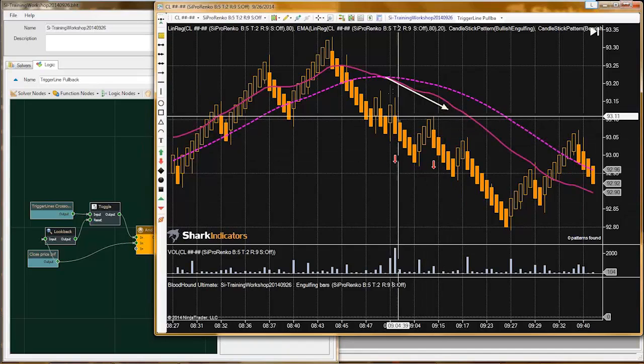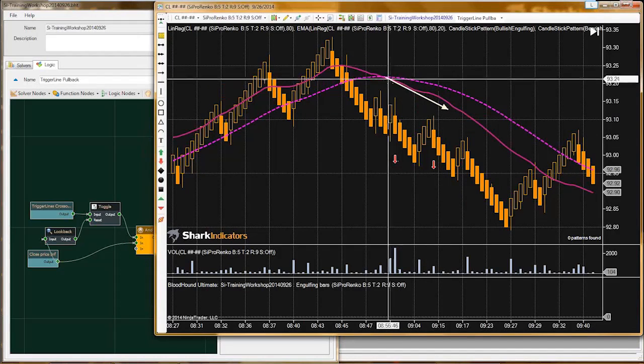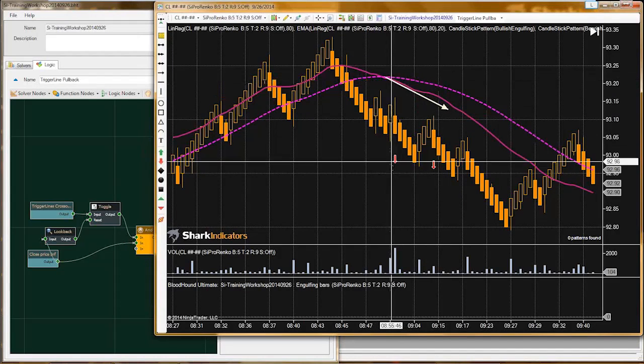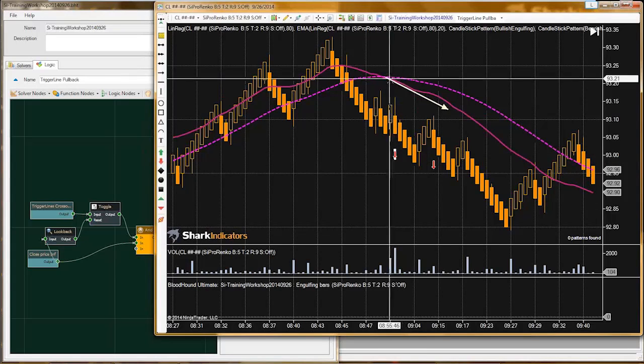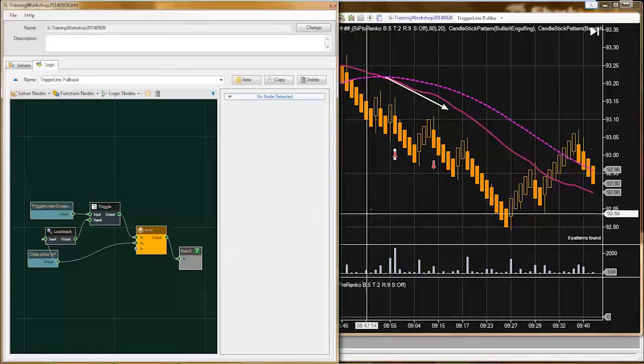One of these two pullbacks, right? Probably this one, because this looks like it's happening after the crossover. So let's analyze this and see what's going on here.